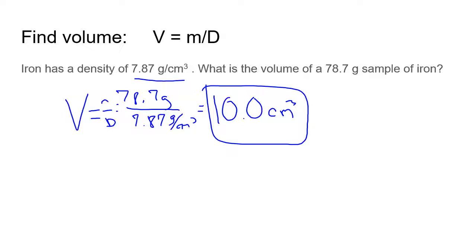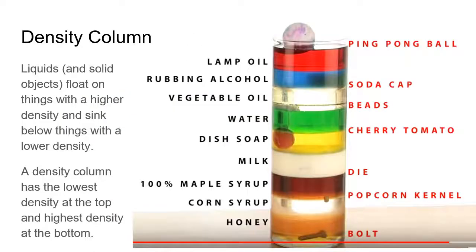Now, like I mentioned, different substances have constant densities, so you can compare whether something is the same substance by checking if it has the same density as a known sample of that substance. Another fun thing we can do with densities is use them to layer liquids, and if you're careful, you can place solids into the same density column and they will follow the same pattern. From top to bottom, this is increasing density.